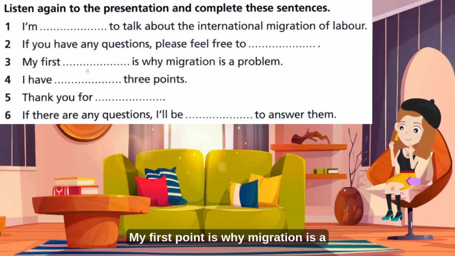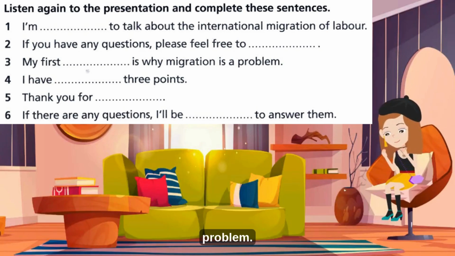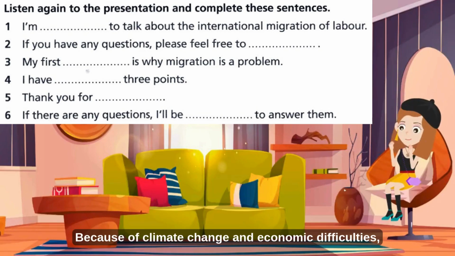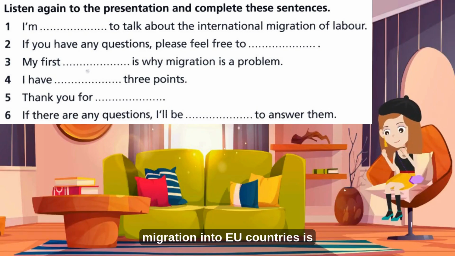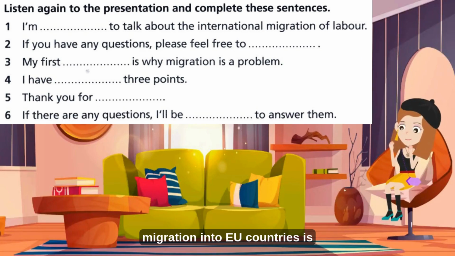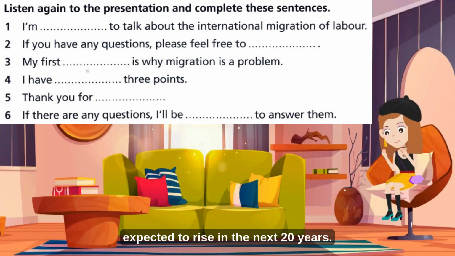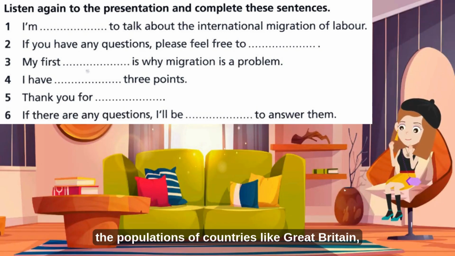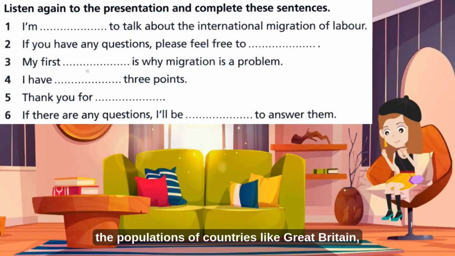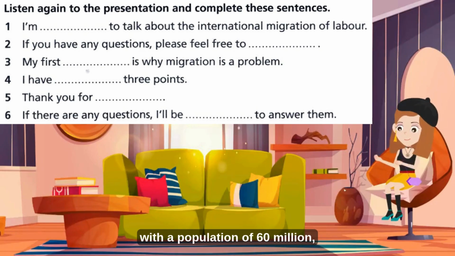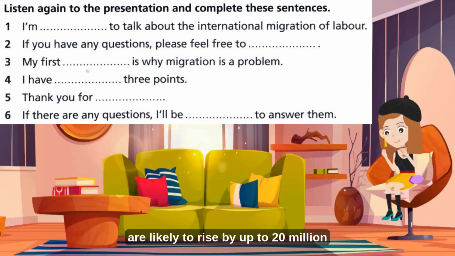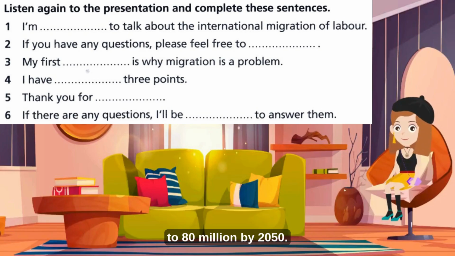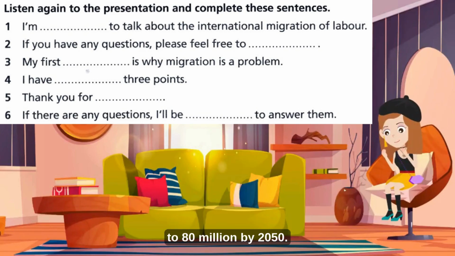My first point is why migration is a problem. Because of climate change and economic difficulties, migration into EU countries is expected to rise in the next 20 years. For example, the populations of countries like Great Britain, with a population of 60 million, are likely to rise by up to 20 million to 80 million by 2050.